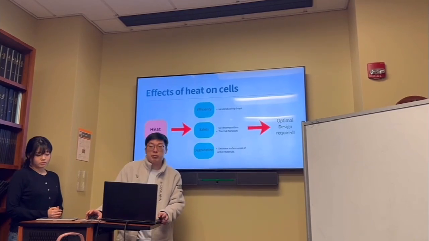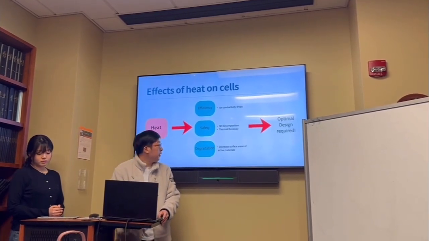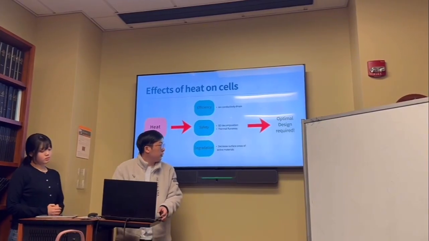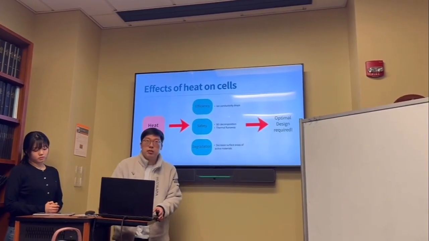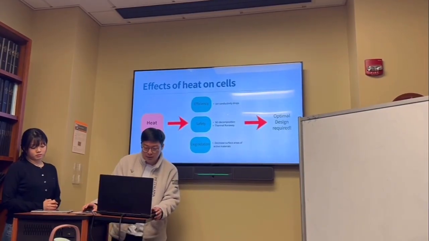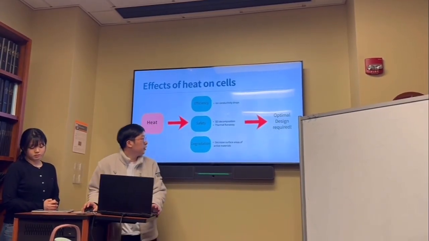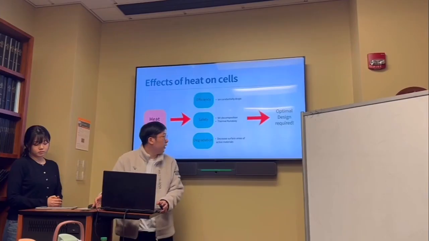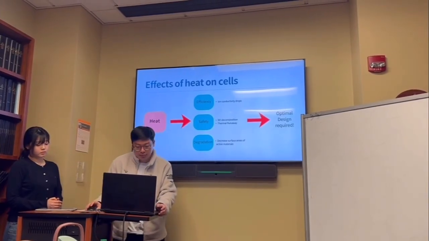If the temperature increases, the SEI starts to decompose over 60 Celsius maybe, and if it continues, thermal runaway happens and it threatens the battery's safety.